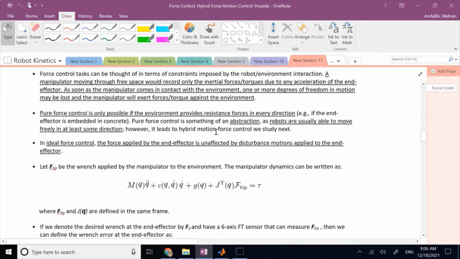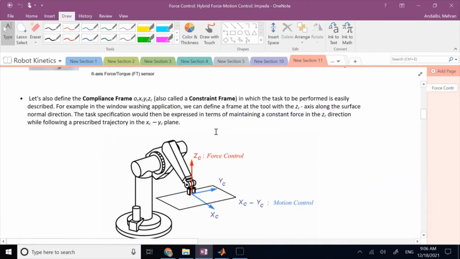Let's say I want to observe how this robot is writing, or grabbing something from the assembly line. This is an assembly line, a part of a conveyor, this flat piece. Now let's say I have some objects for this end effector to pick, something like a bottle of water.